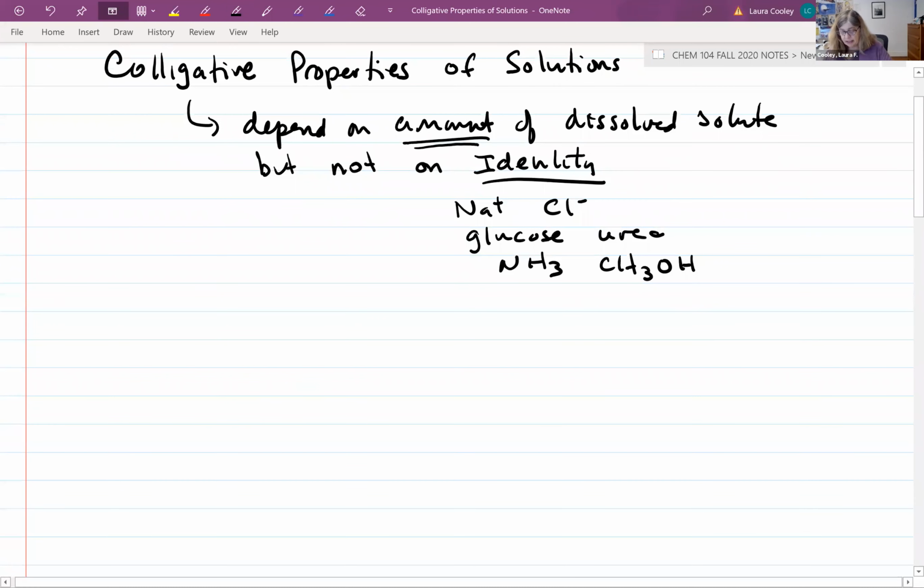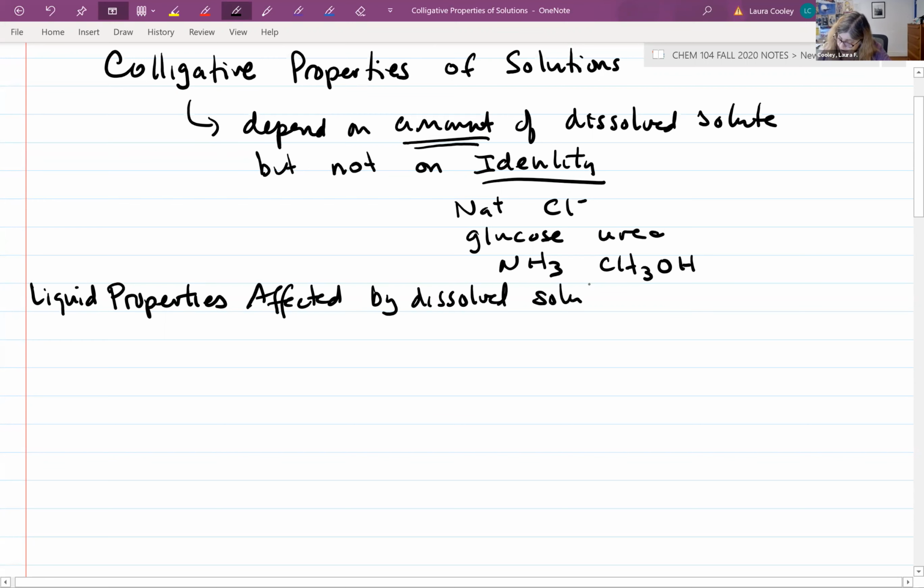Okay, so we calculate concentration in different units, and some of the properties that change depend on the concentration of the solutes in different units. These are the properties affected by dissolved solutes, really liquid properties. The first is vapor pressure.